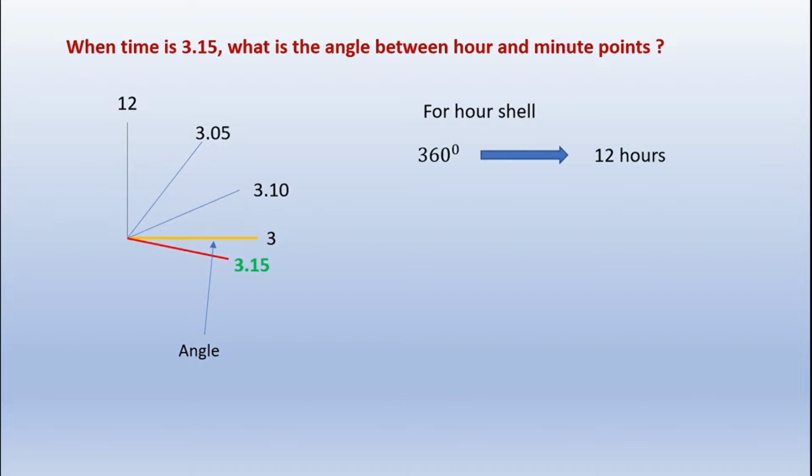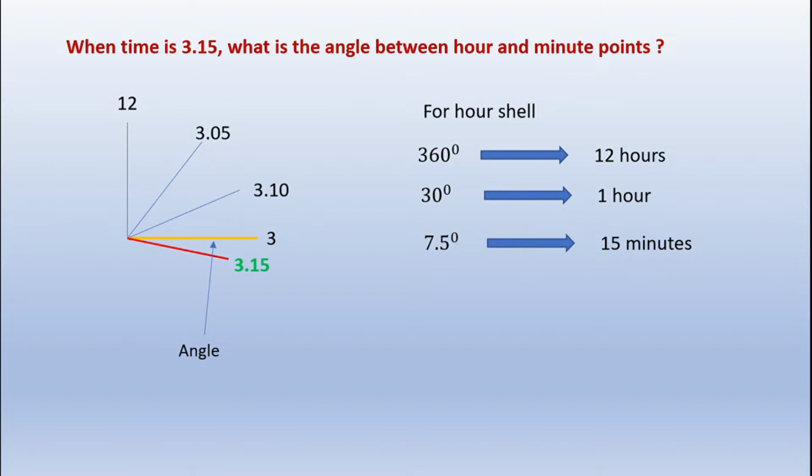So when 12 hours it pass one circle, so 360 degrees. Then by that we can get 1 hour as 30 degrees. So in 3:15 it means it is 15 minutes.